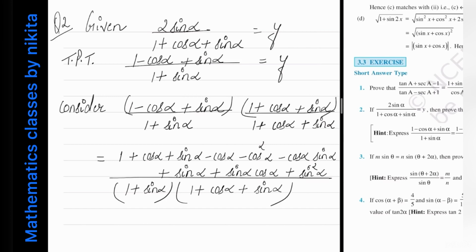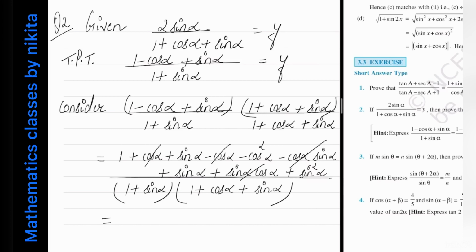Okay, now in the numerator you can see that I can cancel out this cos alpha sin alpha because there is a minus sign and here there is a positive sign. Then I can cancel out cos alpha with minus cos alpha. Then I can cancel out nothing else.